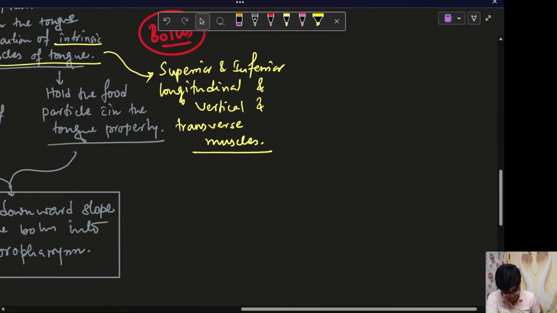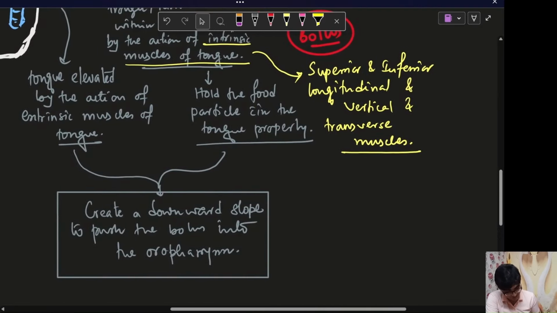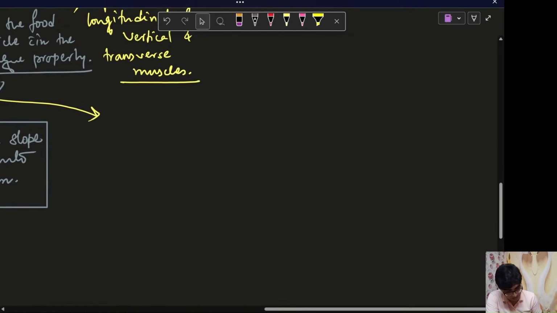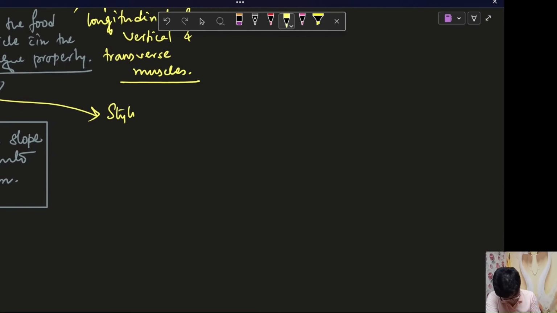And what are the extrinsic muscles of the tongue? These are the styloglossus and genioglossus muscles.